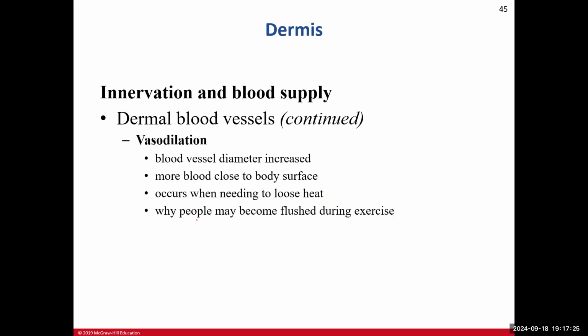So now we're going to swing it over here. We get the lumen nice and big. Vasodilation is when we actually increase the diameter. And when this happens in the blood vessels close to the surface of our skin, it's going to allow us to get rid of heat. So we can get rid of that heat.